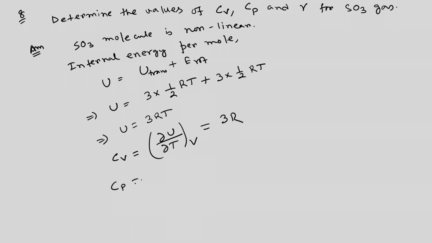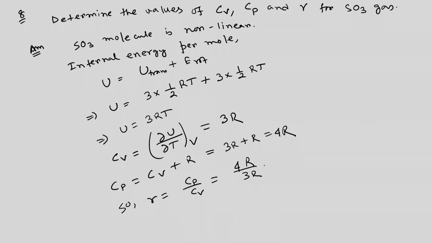So, CP is CV plus R. So, we get 3R plus R, 4R. So, gamma is CP by CV. So, we get 4R by 3R, we get 4 by 3. So, that is the value of gamma.